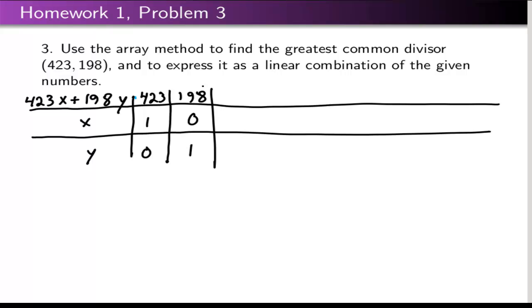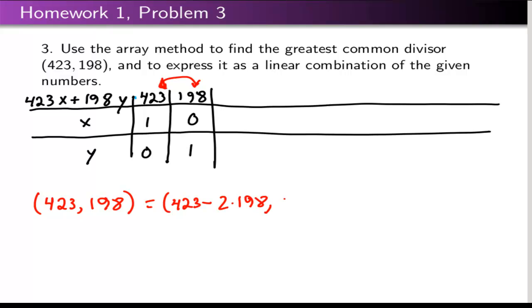And proceed by performing the Euclidean algorithm on the top two entries. So on the 423 and 198, what would you do in the Euclidean algorithm to find the GCD? Well, the first step is to subtract 2 of these from 423, leaving the 198 alone.